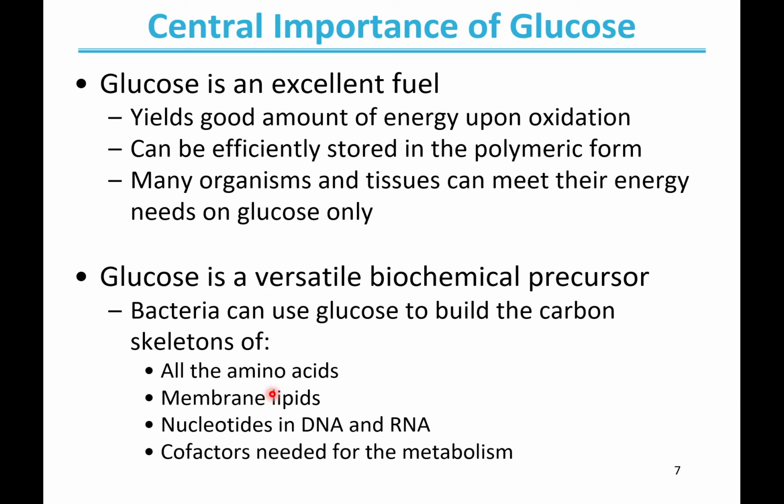Okay, and glycolysis is, as I mentioned, a central metabolic pathway because it's thought that this was probably one of the first energy producing pathways or group of reactions that occurred on the planet. So essentially every cell on the planet does glycolysis in the same way.